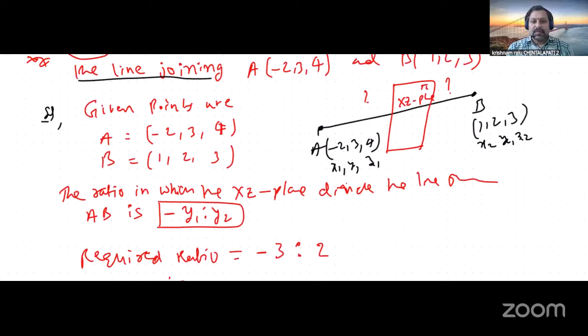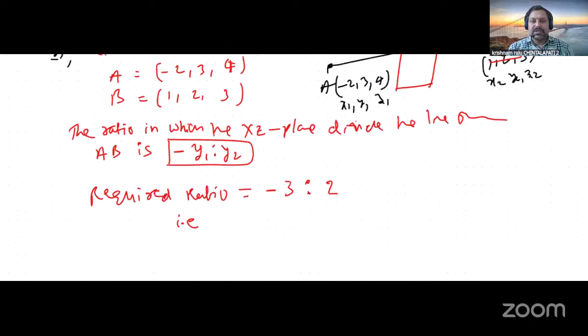The minus or plus sign represents either internal division or external division. So here I got minus 3 is to 2, which means the XZ plane divides the line joining AB in the ratio 3 is to 2 externally. Got it? So this is our answer.